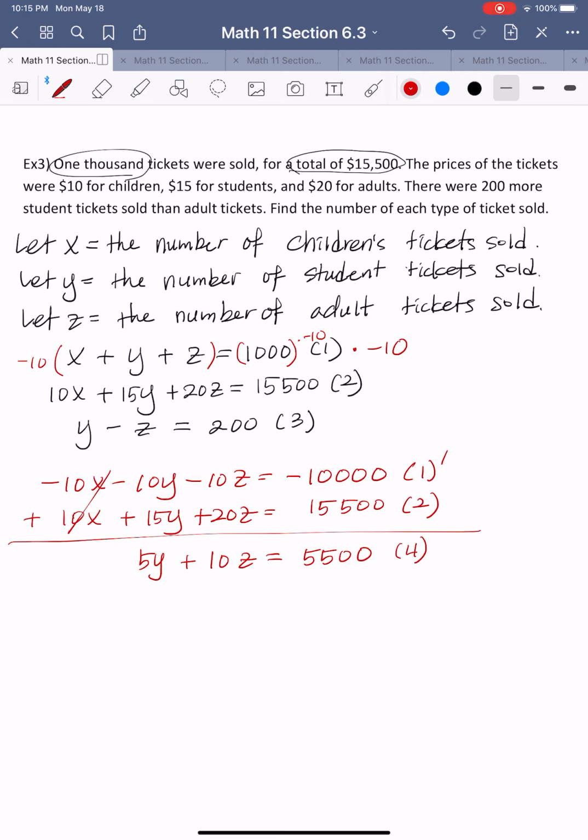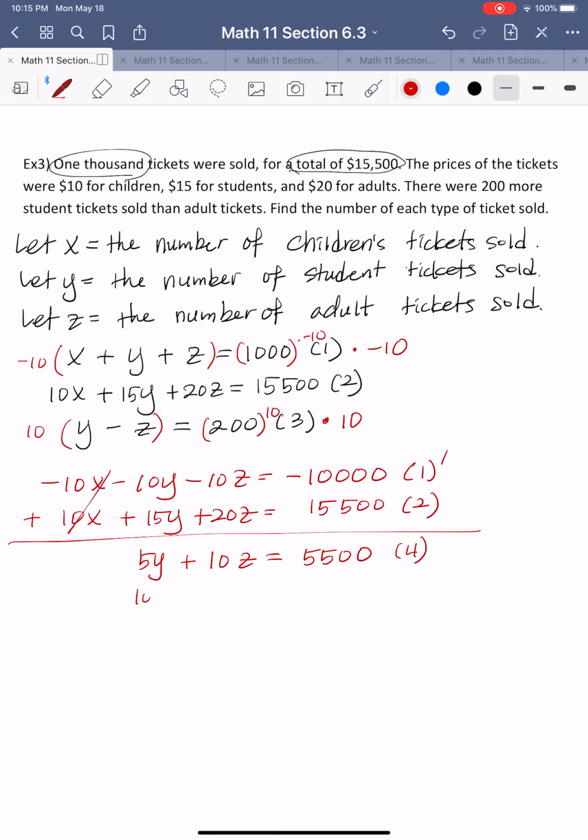Now, I'm going to multiply equation 3 by negative 5. Or, oh yeah, you know what? Okay, I'll do something else. I want to multiply equation 3 by 10. That's actually better, because these are already negative z, right? So I'm going to multiply by 10.